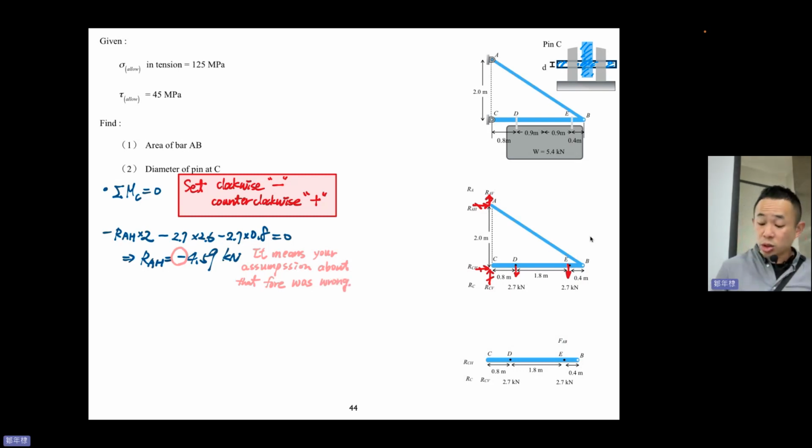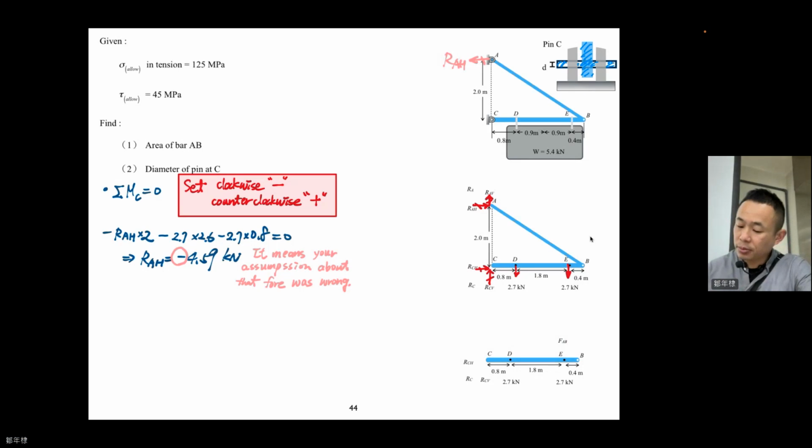Okay, so the direction you assumed is positive, but it's wrong. So basically, your RAH should be in that direction. Okay.